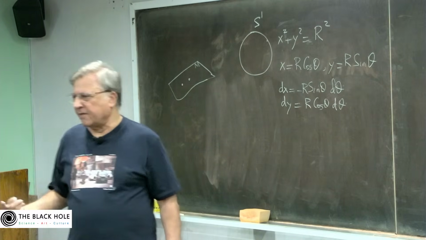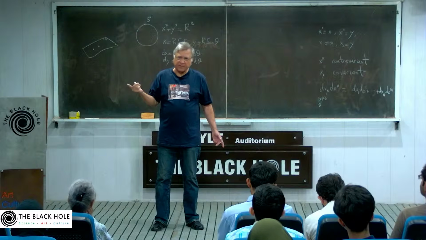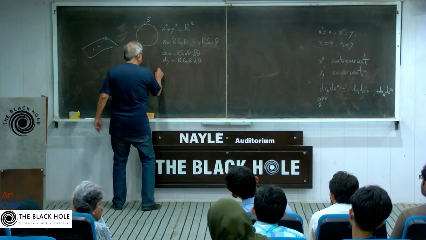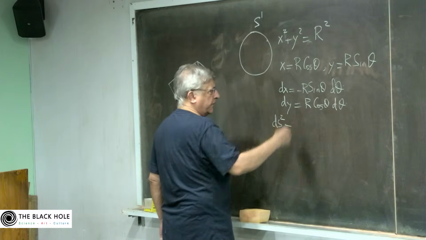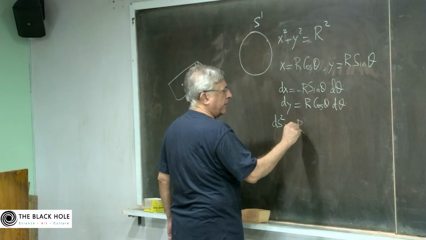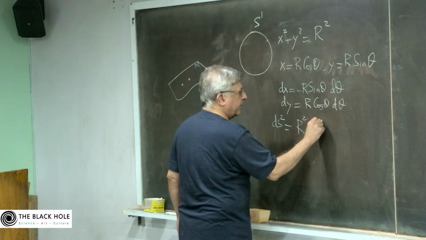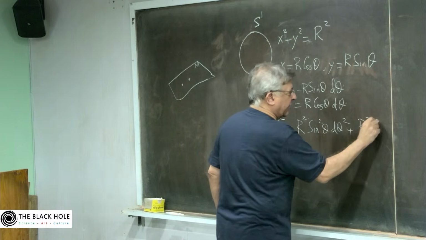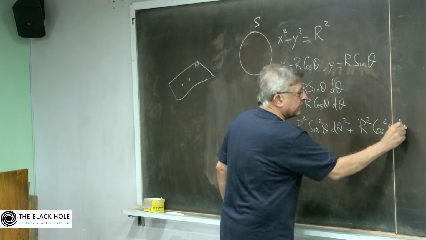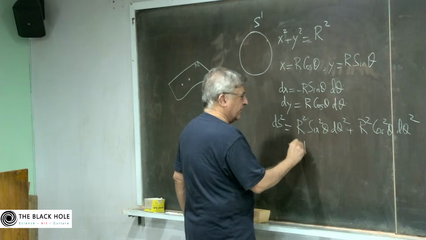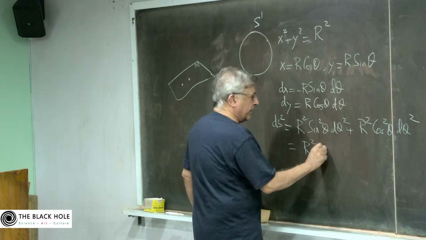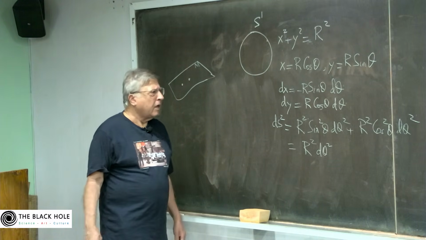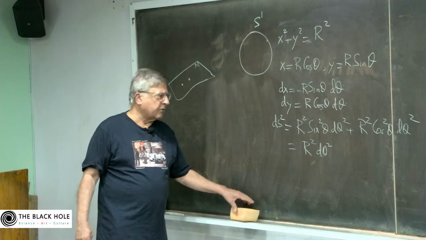There's only one degree of freedom. There's only one number which characterizes where you are on this manifold, and so we can write ds squared as r squared sine squared theta d theta squared plus r squared cos squared theta d theta squared, and that's, of course, just r squared d theta squared. Fine, nothing unusual about it. And we will need this result, so I wrote it down.